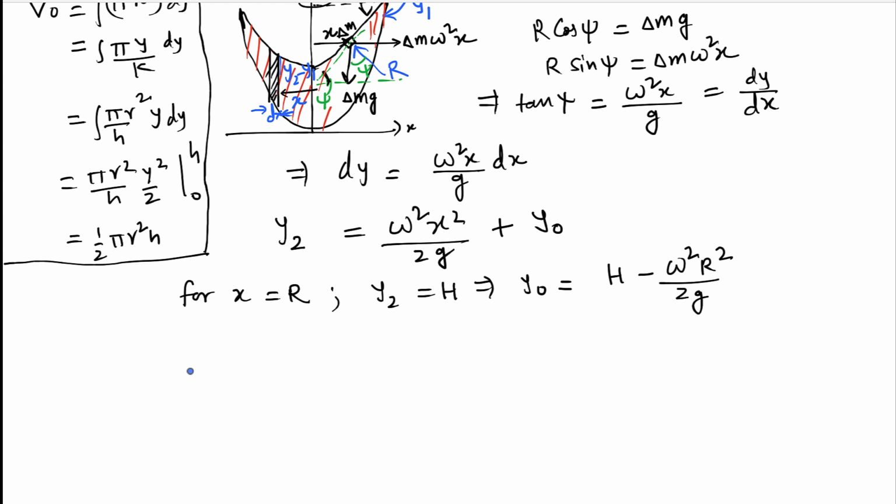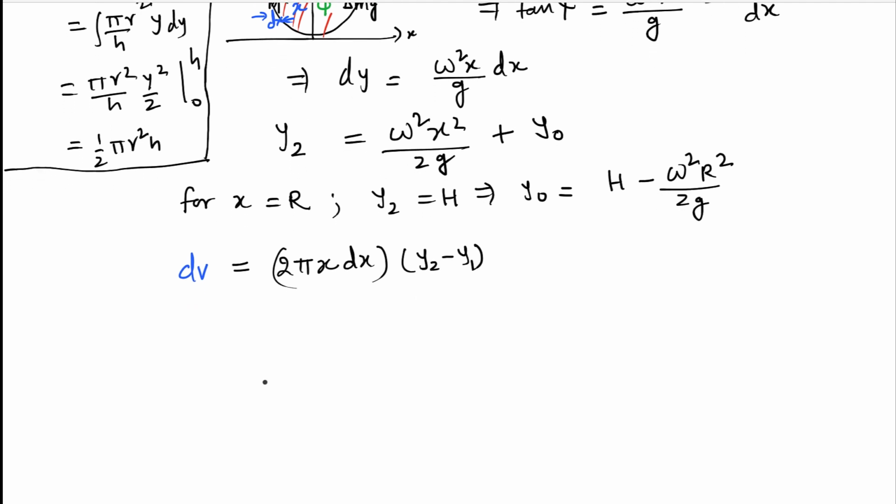Okay, so the volume that we have now for this particular shape is 2 pi x dx times y2 minus y1, right? Okay, so this curve minus this curve, right? Okay, so far so good.